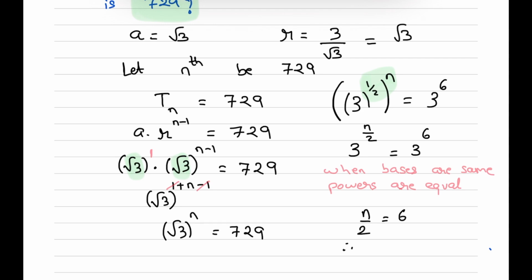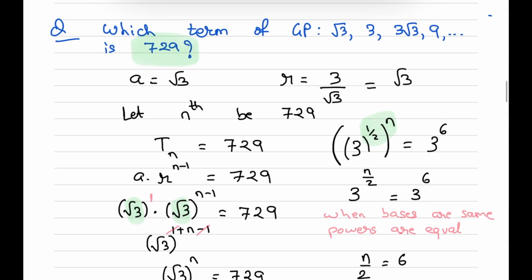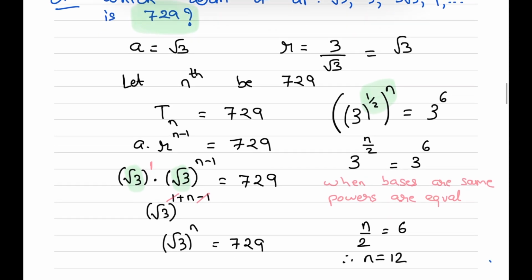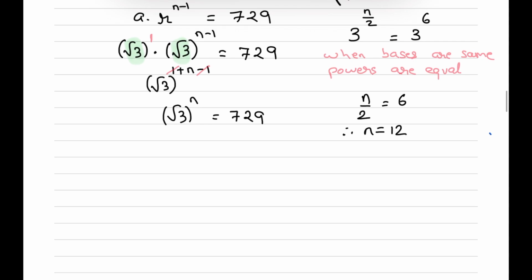So that is n equals 12. So this means that for this given geometric progression, the 12th term is 729, which is our answer.